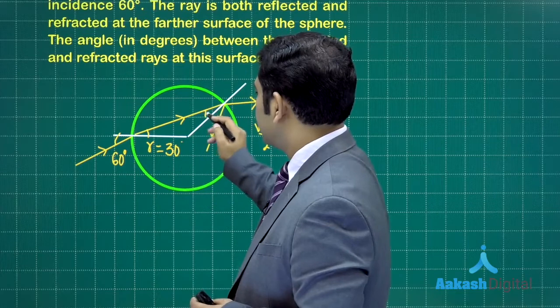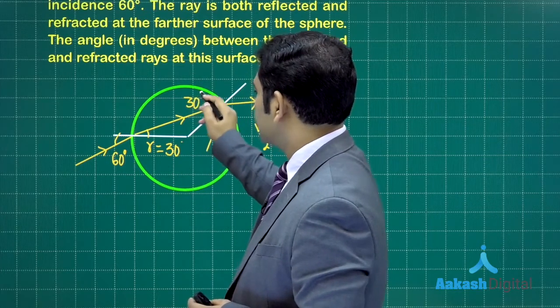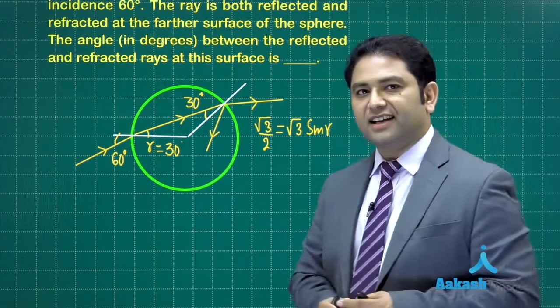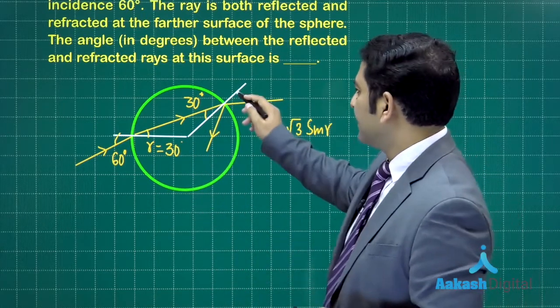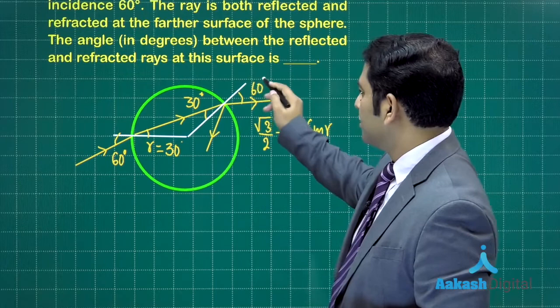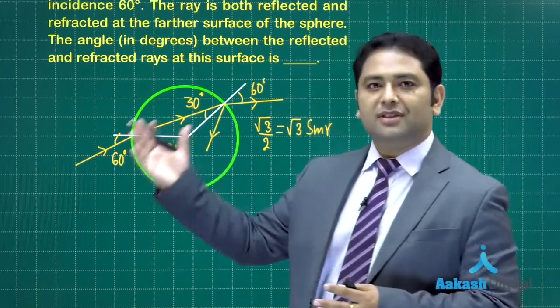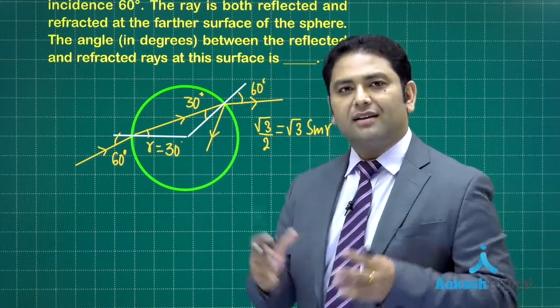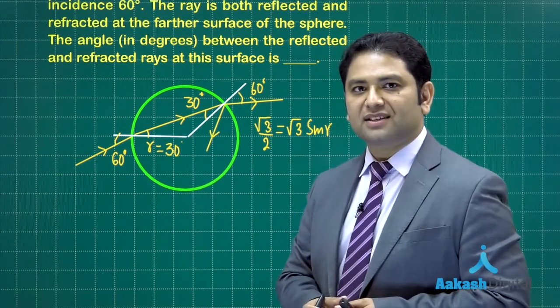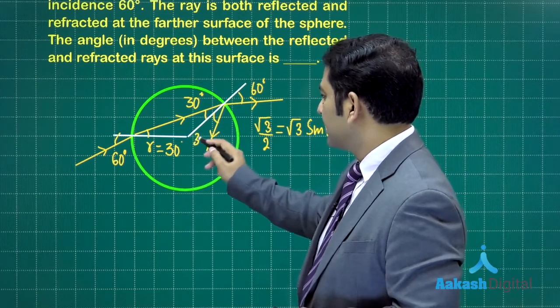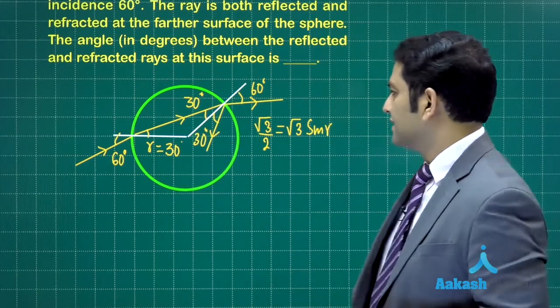And if this is 30, even this angle would also be 30. It's isosceles, these are two radii. And finding this would be straightforward, you can think from reversibility, from air to medium 60 to 30. So from medium to air 30 to 60, that's how it goes. And the angle of reflection has to be equal to the angle of incidence.